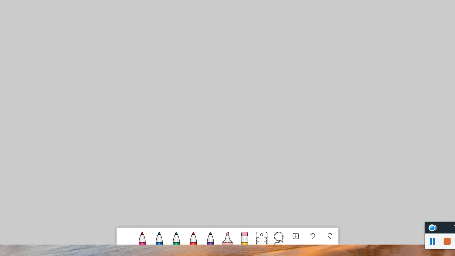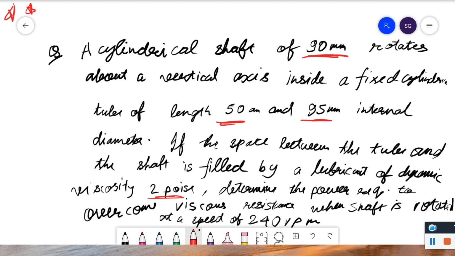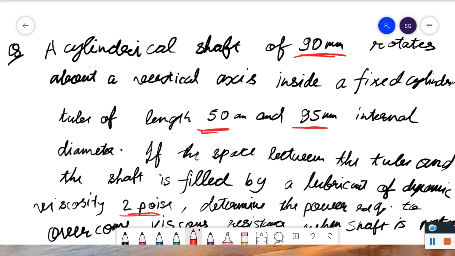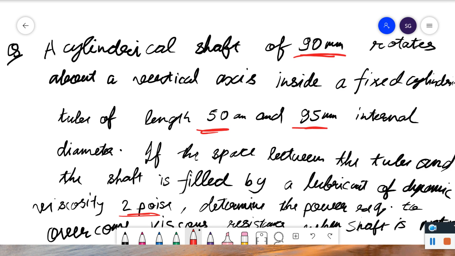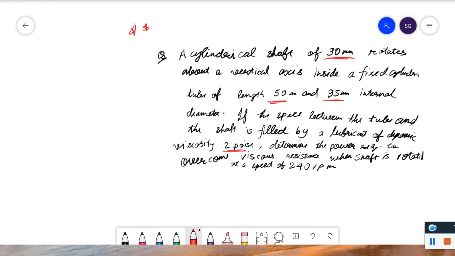This is the question where you should always focus on. It's actually a 2 star question, and basically what is to be focused on: this part, this part, this part, this part, and this part. Okay, so I will just draw the diagram.